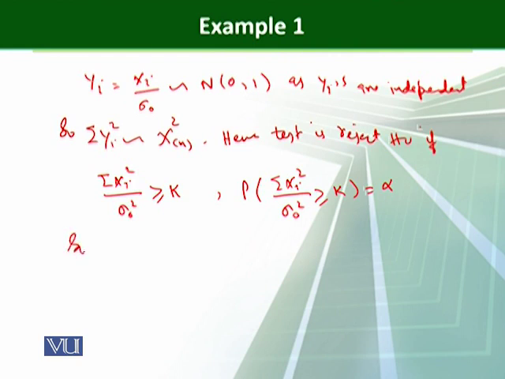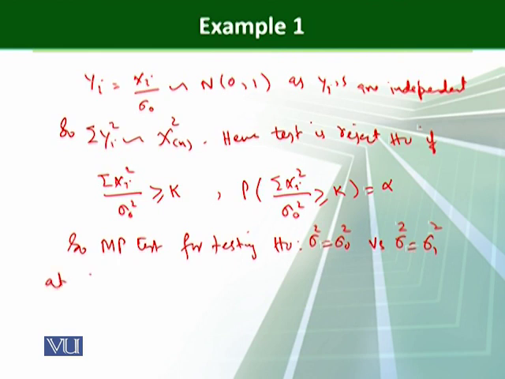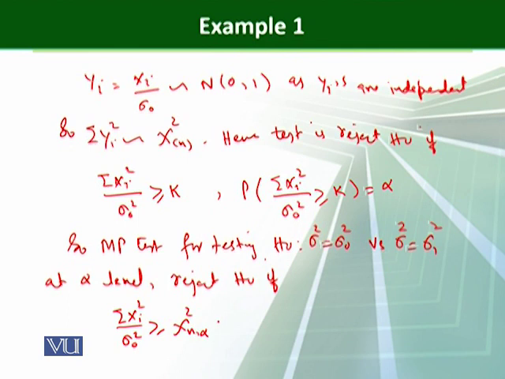So the most powerful test for testing the hypothesis that sigma square is equal to sigma naught square versus the alternative that sigma square is equal to sigma 1 square at alpha level is: reject H naught if sum xi square over sigma naught square is greater than or equal to chi square n, alpha.